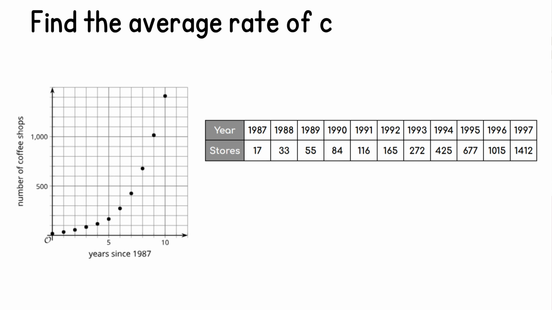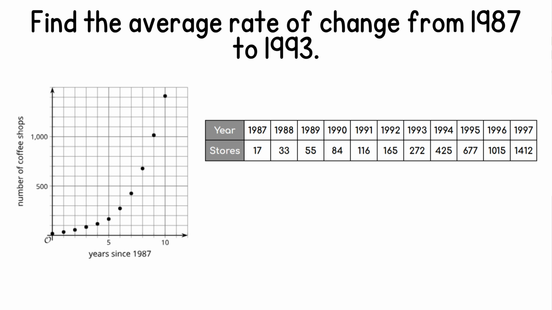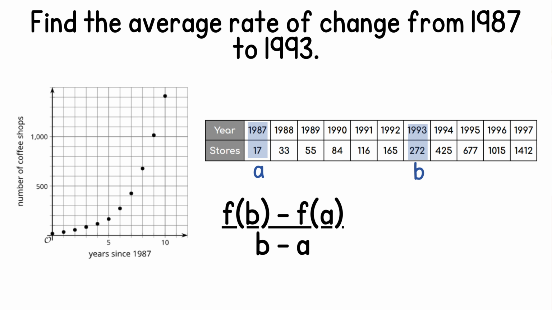Now let's find the average rate of change from 1987 to 1993. So point A will be the year 1987, and point B will be the year 1993. We'll take our formula for the rate of change, and our output of point B is 272, and our output for point A is 17. Now we'll look at the inputs on the bottom.